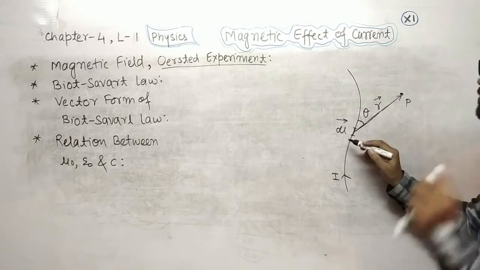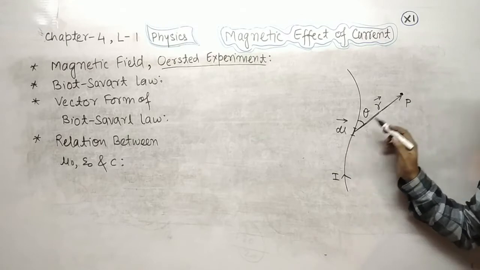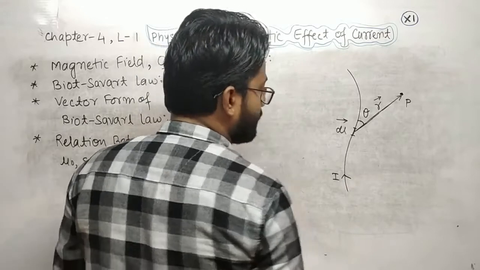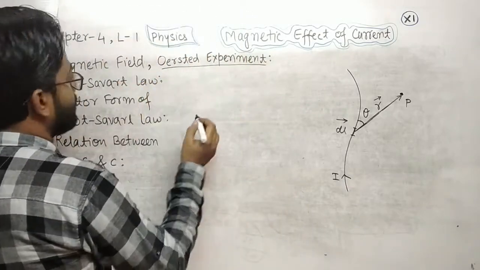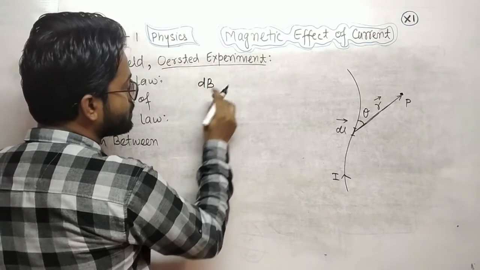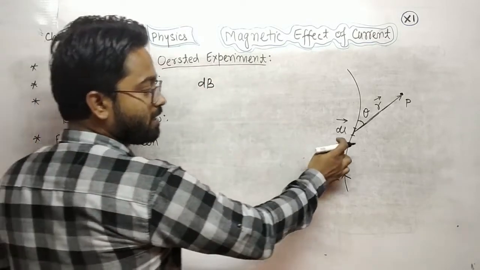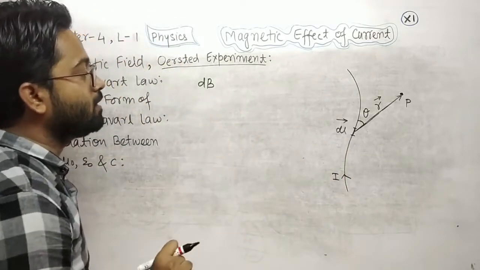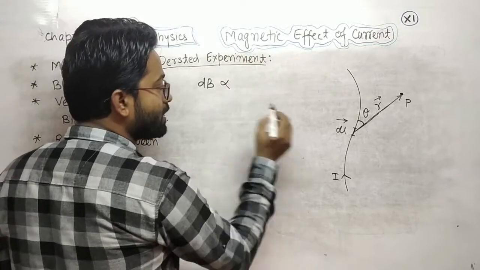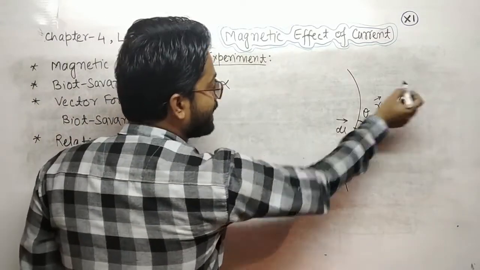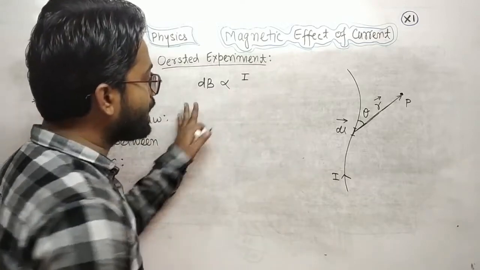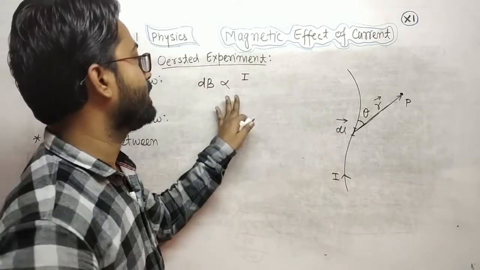This angle is between vector dl and vector R. According to Biot and Savart law, dB, this very small magnetic field, because we have taken a very small part of the conductor, at that point is directly proportional to the current flowing in the conductor.